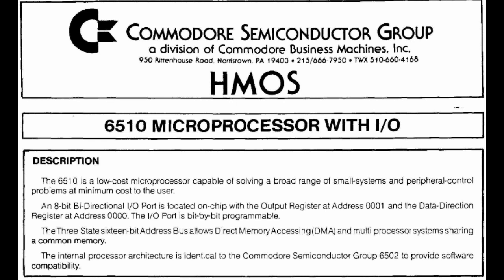What it means is, when the processor accesses either the 0001 location or 0000, it will not read or write from the external data bus, but it will access the internal port. So we cannot change what the processor reads on these two addresses externally.